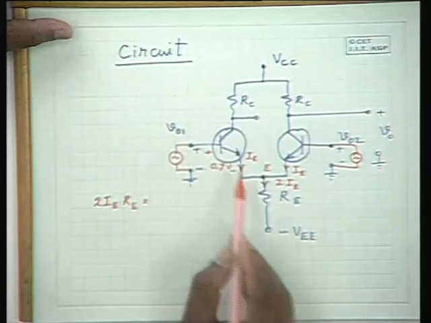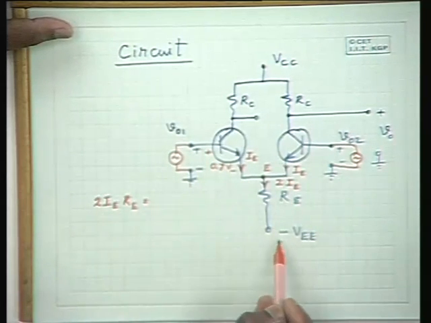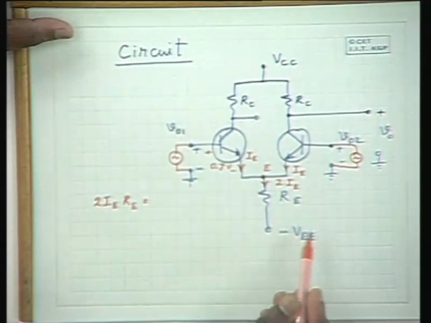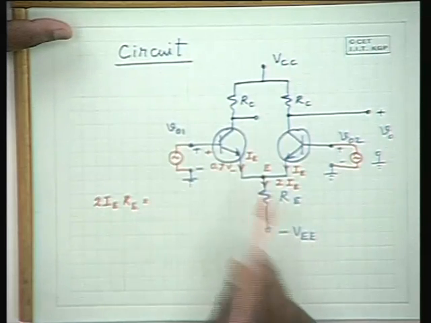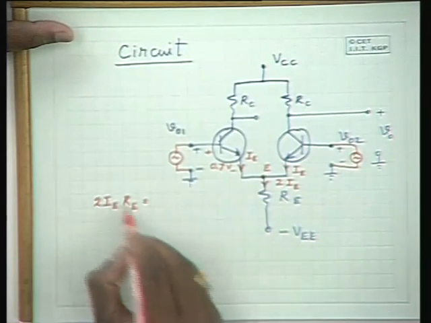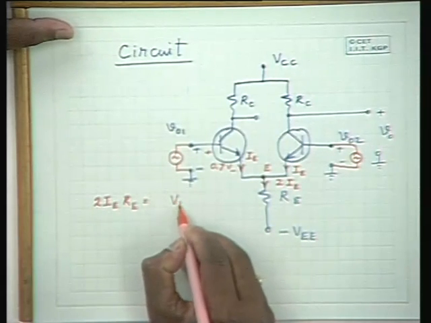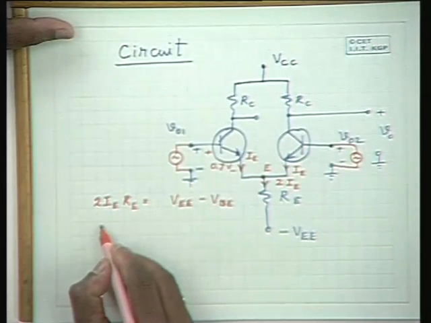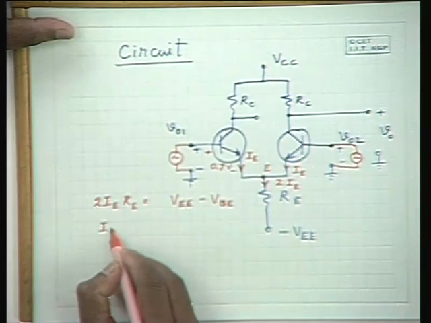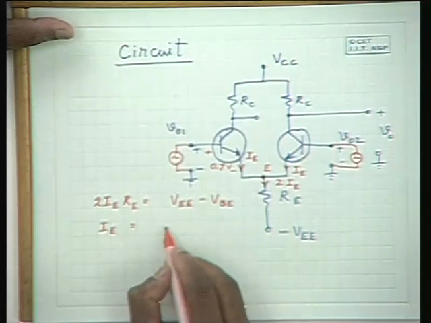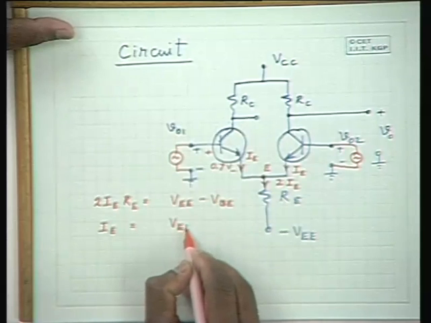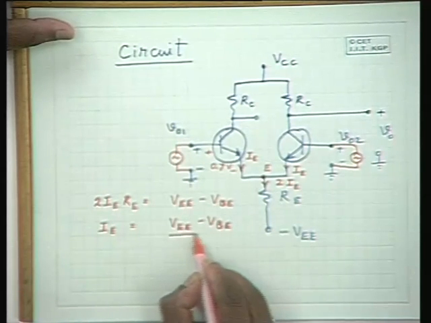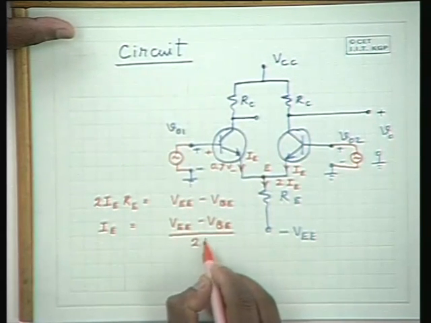So, with respect to the base, this is at minus VBE and this is minus VEE. Therefore, the drop across RE is VEE minus VBE. Therefore, 2IE RE is equal to VEE minus VBE. Hence, the emitter current of each of these transistors is equal to VEE minus VBE, which is of the order of 0.7 volts in the case of a silicon transistor, divided by 2RE.